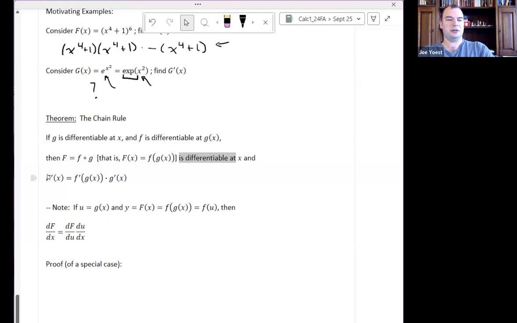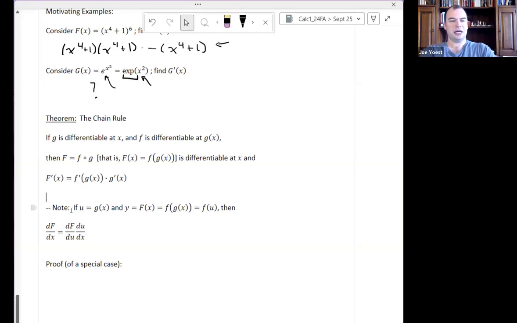And we have a formula for the derivative of the composition of the functions. So if big F of x equals little f of little g of x, big F prime of x is little f prime evaluated at little g of x times little g prime of x. Note that this bullet here is a times, just to make it clear that these are being multiplied. This little open dot is composition, so that means f of g.